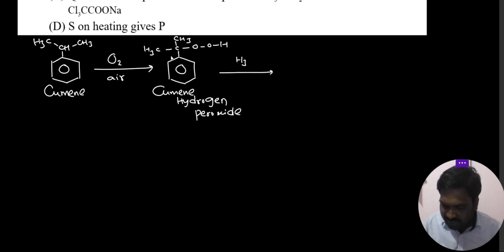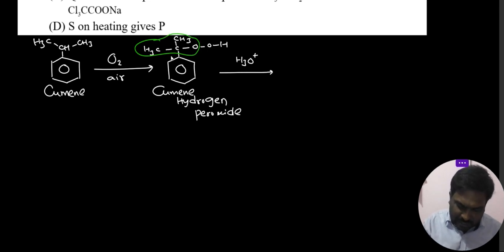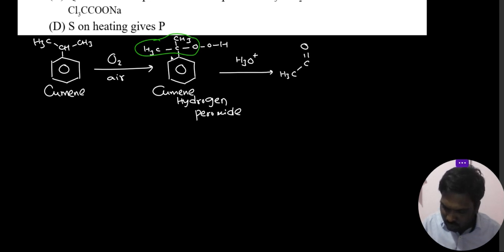When it reacts with H3O+, in the presence of acid, how does it break? It gives acetone plus phenol. So in the presence of acid, it dissociates to give acetone plus phenol.